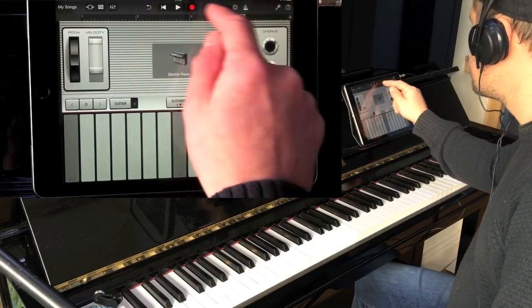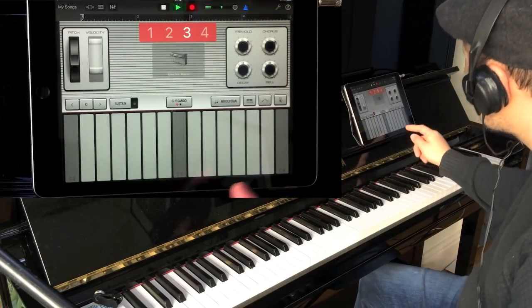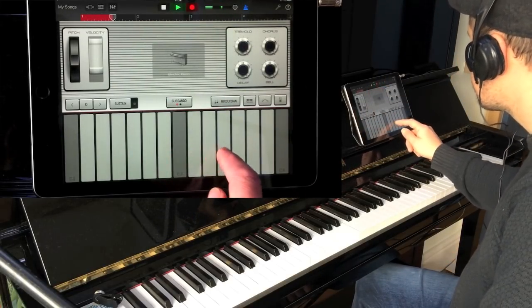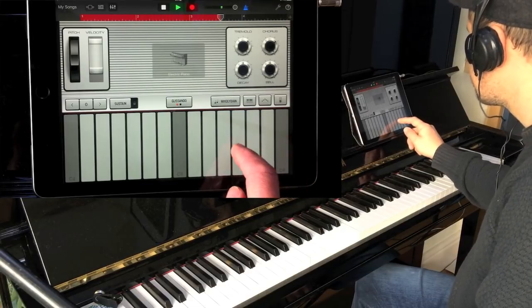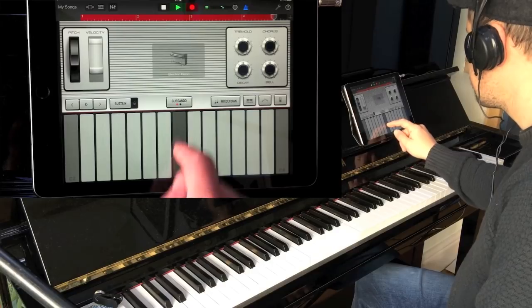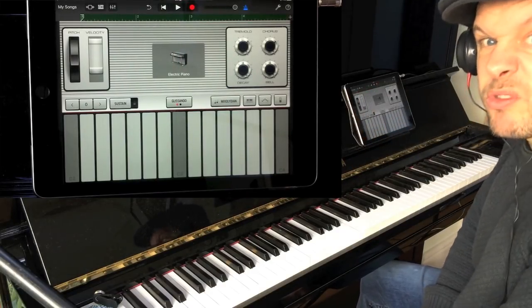Let's just undo that and have the metronome with it as well. Okay, so there's 4 bars of a Mixolydian on C.